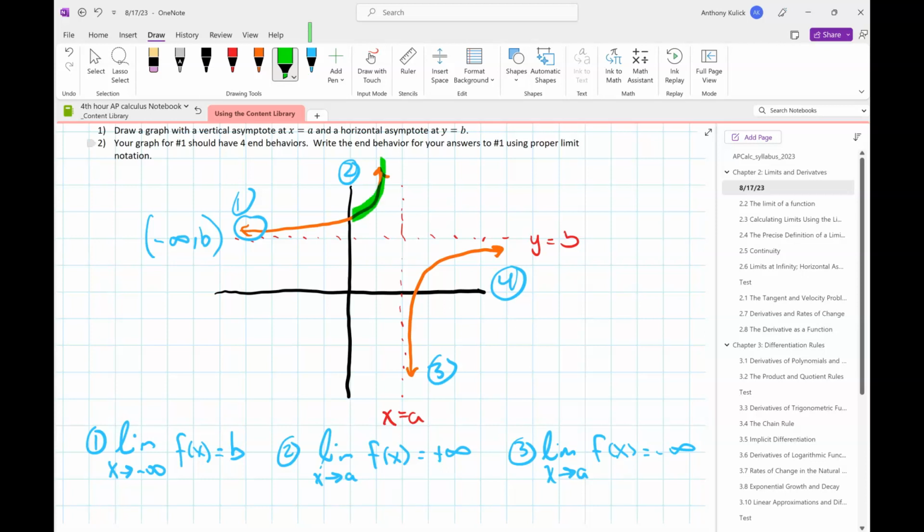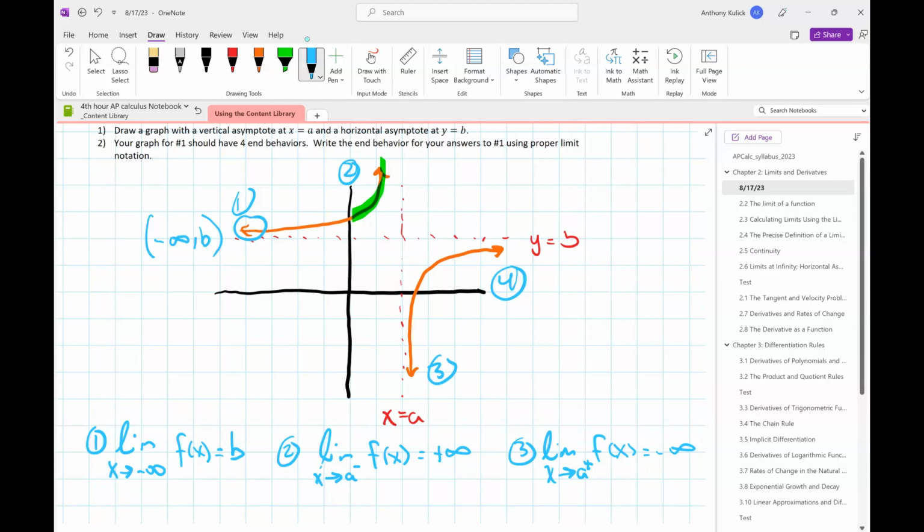For the end that's happening with the x's that are technically less than a, you put a little superscript negative sign on there to indicate we're looking at values of x less than a. And for this one we'll put a little plus sign, for the values of x that are greater than a.